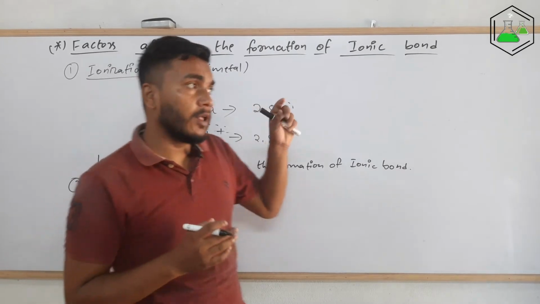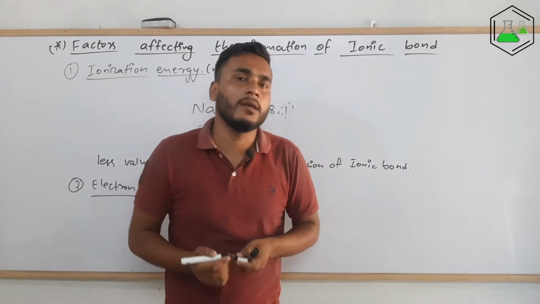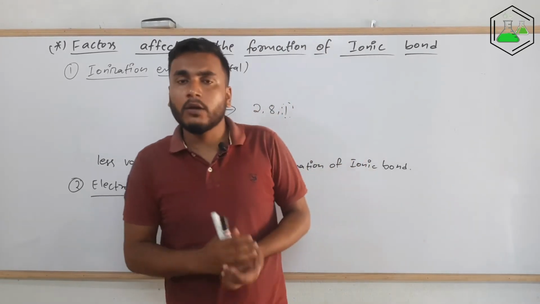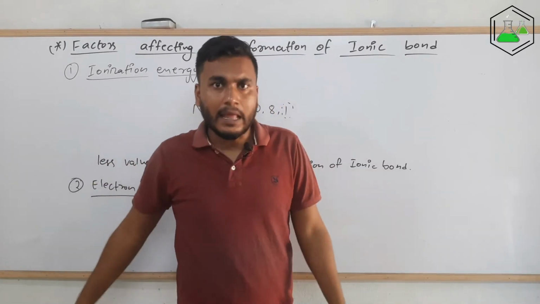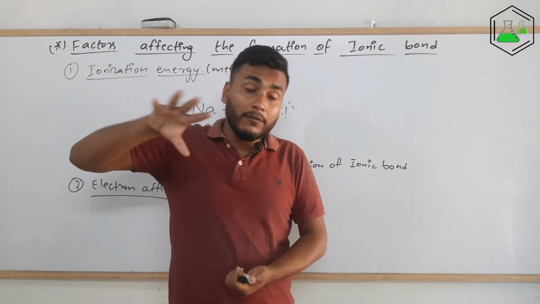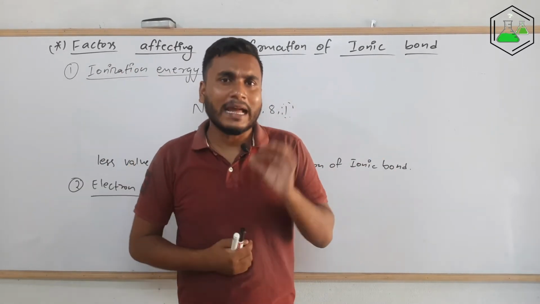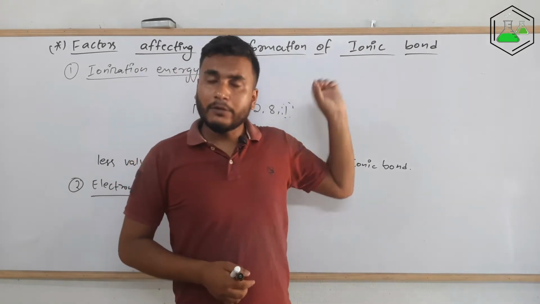If we want to remove the electron from the outermost orbital of any atom, we need to supply some energy. But if we are adding an electron to the outermost orbital of any atom, then it will release some energy. Now if it releases more amount of energy, then obviously that ion will be stable and the bond will form easily. So are you getting me?